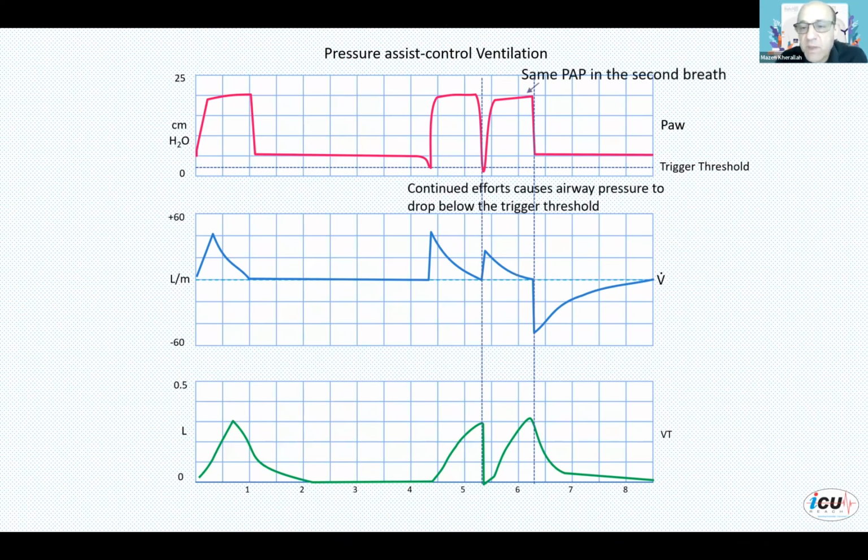So the difference is that the pressure in the second breath is exactly similar to the pressure in the first breath. In volume control, the pressure will be higher than the first breath, and the flow is lower, and the volume is stacked on each other.